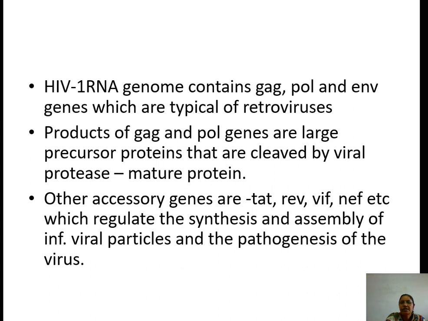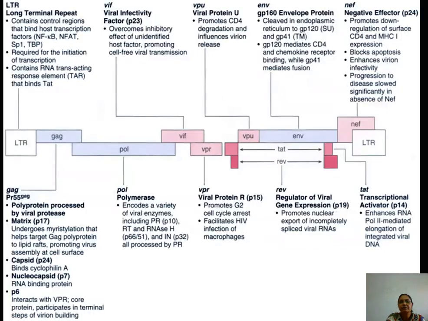Other accessory genes are TAT, REV, VIF, NEF, etc., which regulate the synthesis and assembly of infectious viral particles and the pathogenesis of the virus.